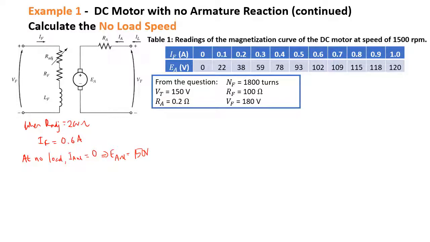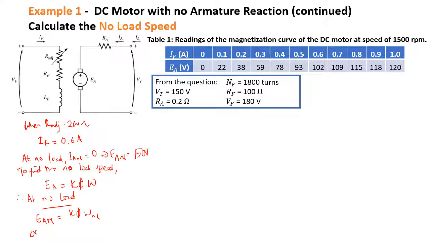Now, to find the speed at no load, we know that EA is equal to K flux omega. Therefore, at no load, EA no load is equal to K flux omega no load, or omega no load is equal to EA no load divided by K flux.